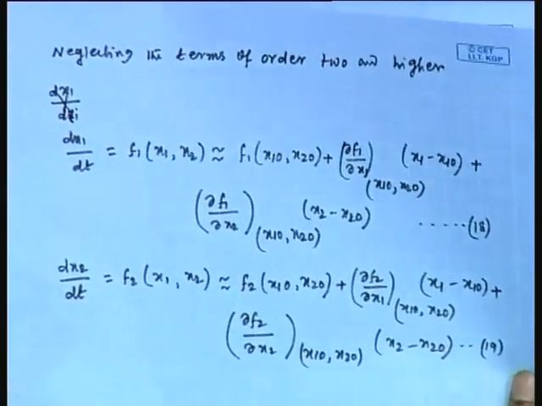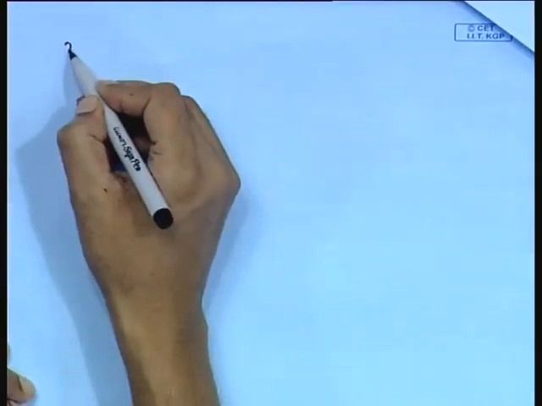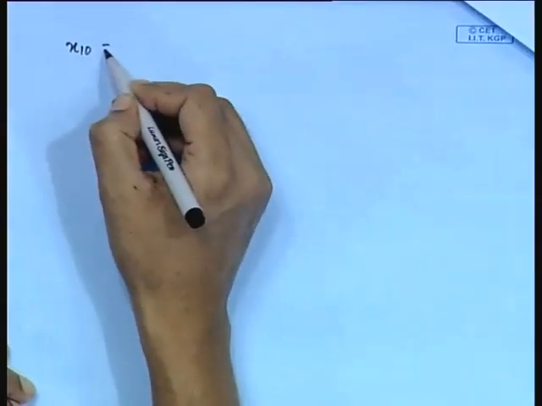What is the next step? We wish to represent this linearized model in terms of deviation variables. So, we need to write the equations considering steady state. At steady state, we will assume that x1 naught equals x1 s.